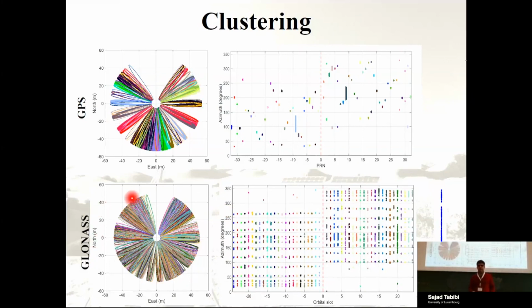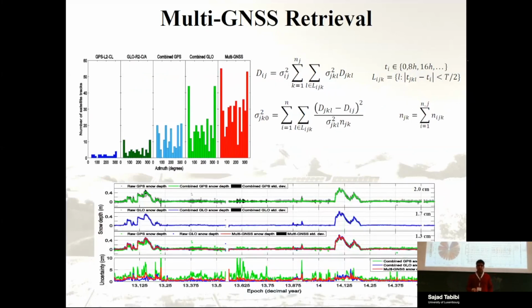So when we cluster them based on the azimuth angle and pseudo-random number, which is the satellite number, we see that we have clusters based on setting and rising arcs. But when we do that for GLONASS, we have a lot of clusters with less information. So we again recluster them based on the azimuth angle so we can combine all those solutions.